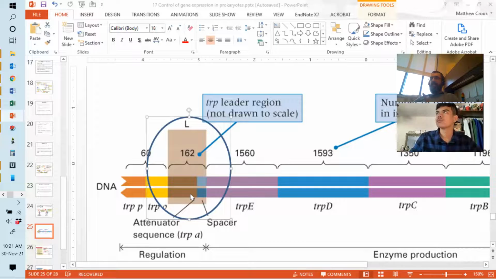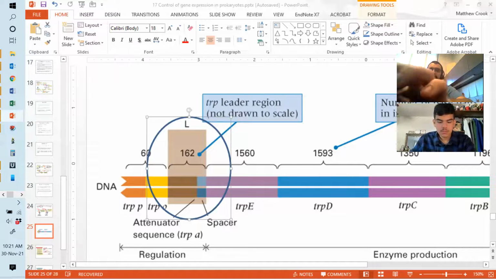Okay, now, how do we go from translation or not of the leader region to pro versus anti-transcription, those two different conformations? That's the question of the day.